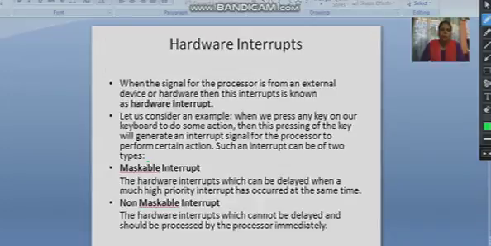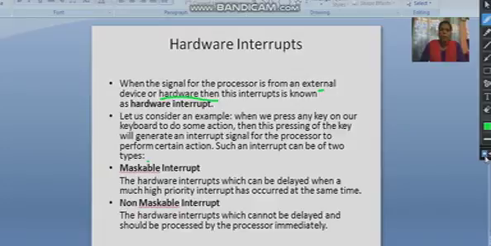Basically there are two types of interrupts: hardware interrupts and software interrupts. So firstly we are going to discuss the hardware interrupts. When the signal for the processor is from an external device or hardware, then this interrupt is known as a hardware interrupt. Let us consider an example.